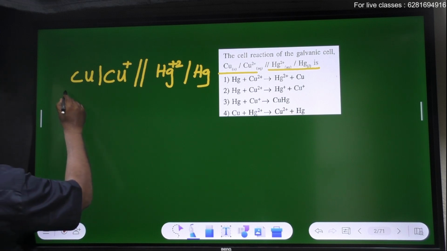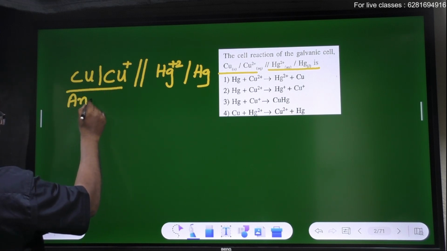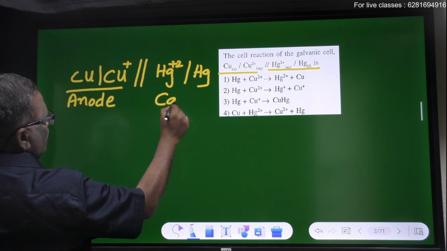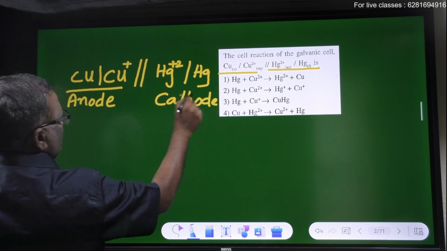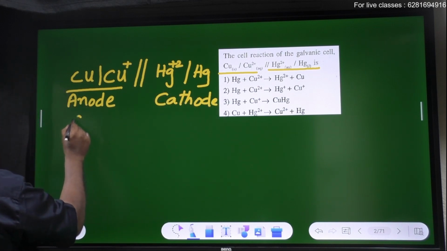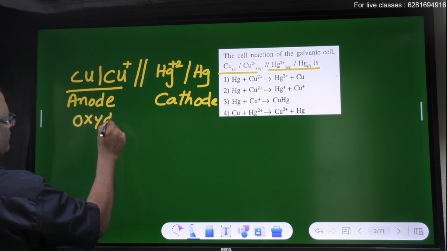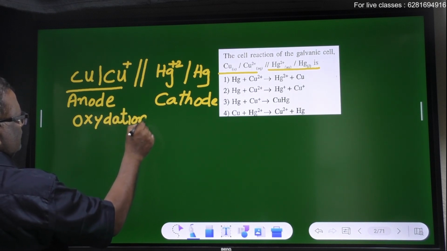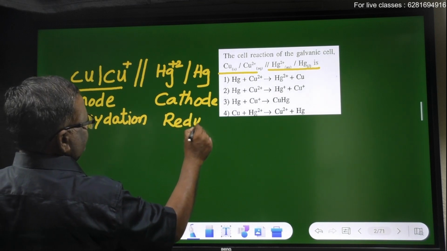So the left hand side is the anode half cell and this is the cathode half cell. In the anode half cell, oxidation will take place. In the cathode half cell, reduction will take place.